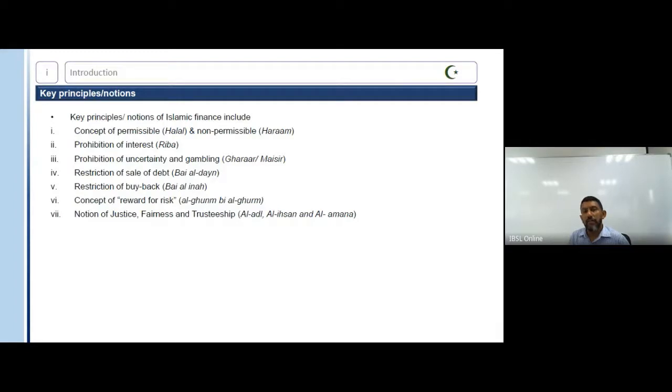So they will decide what these principles mean, and how, using these principles, we can identify the implications for conventional banking in general, and what are the areas we cannot do in conventional banking. Any questions on that?